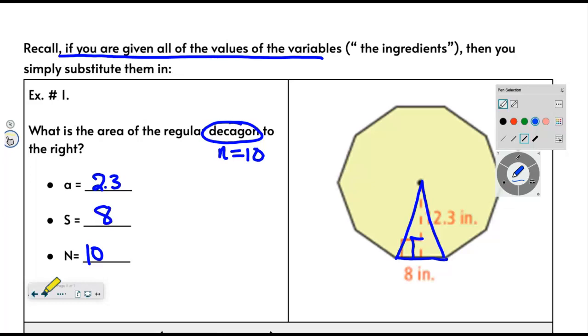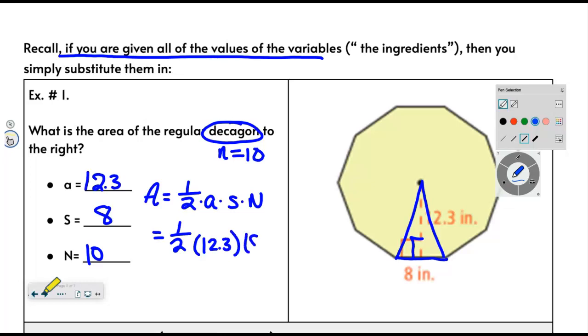All I need to do is dump those into my recipe or into my formula, which says I do 1/2 times the apothem times the side length times the number of sides, which means I do 1/2 or 0.5 if you like it. My apothem was 12.3.